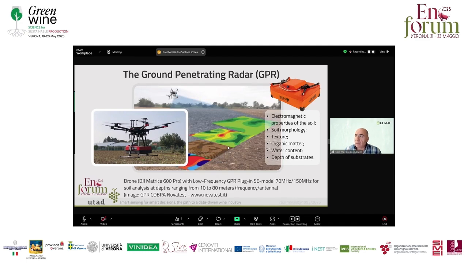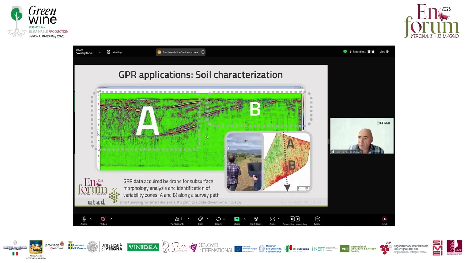about this one. This is one of the last sensors that we bought, the GPR, that is used for soil analysis at depth ranging from 10 to 80 meters. This technology helps in soil characterization and identify subsurface features that can impact vine health. This is an example of what we have done in our commercial vineyard.